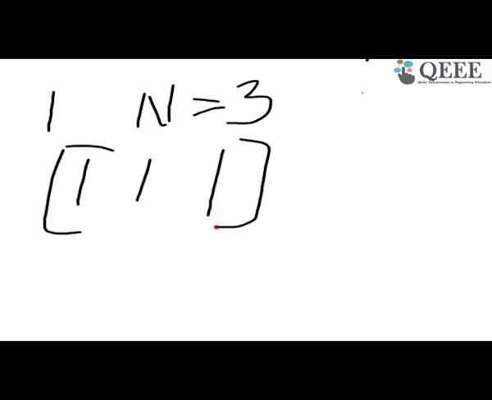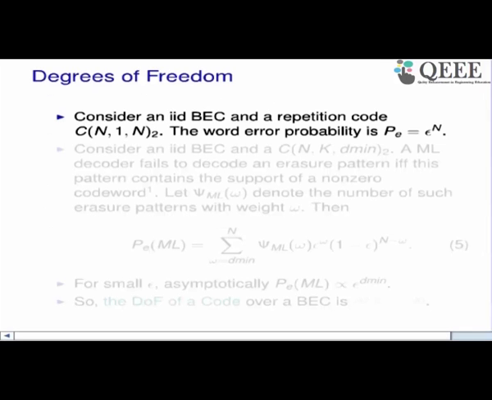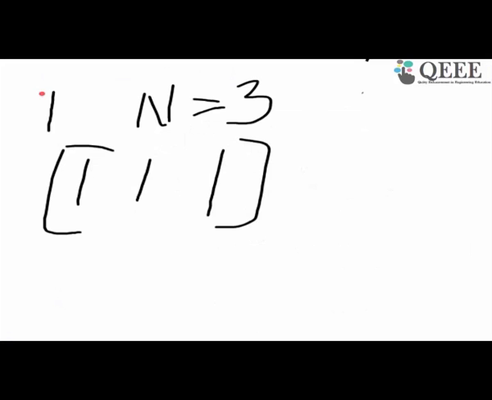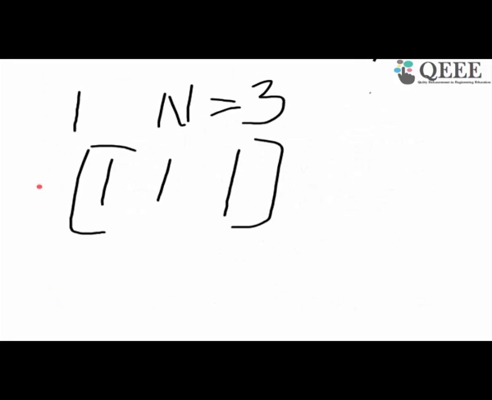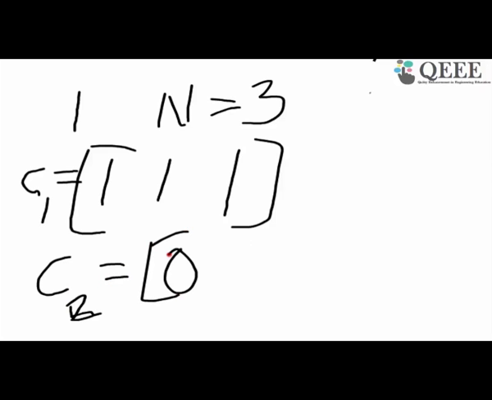Now this repetition code has the following parameters. N is the number of times it is repeated. 1 is the number of information bits, so here it is going to be 1. There are only 2 possible code words: all ones or all zeros. C1 is the first code word and C2 is the second code word.